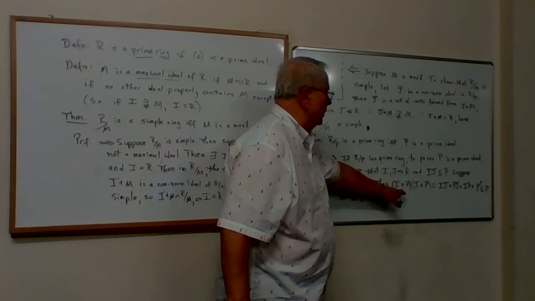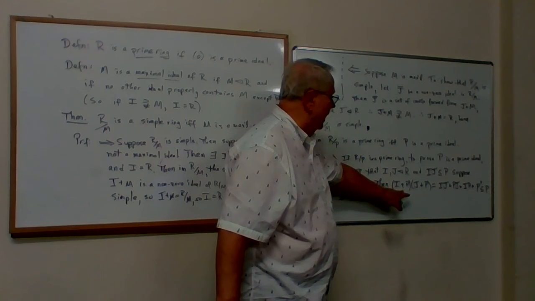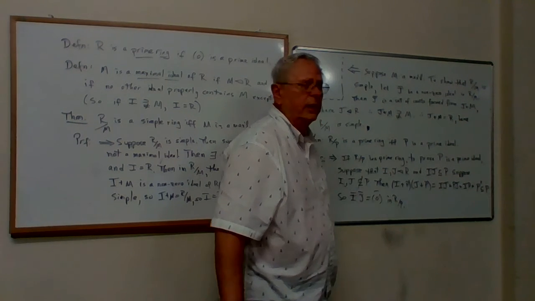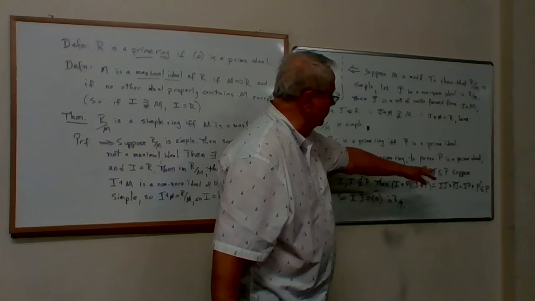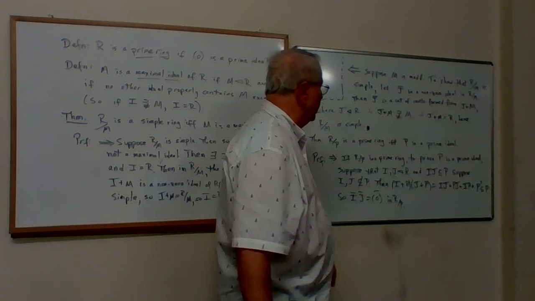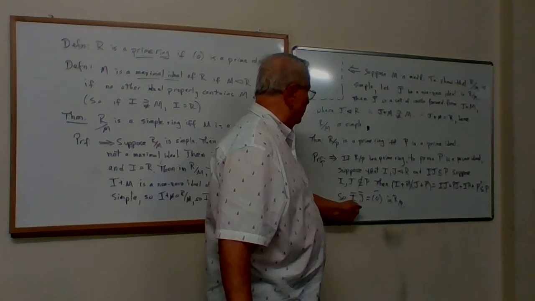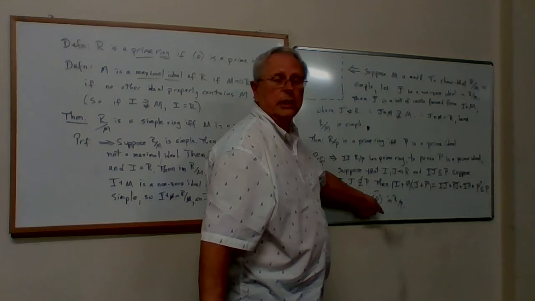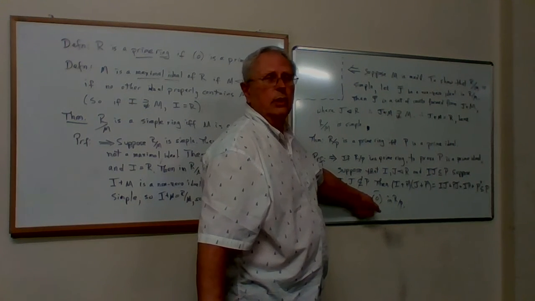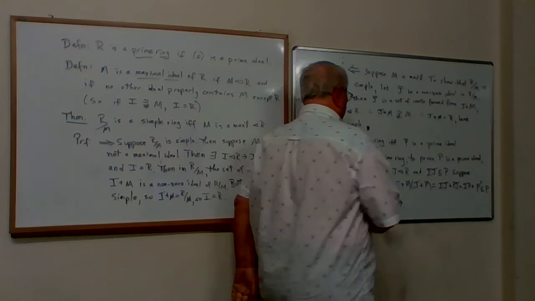Because these are the cosets of I, these are the cosets of J, and since the product of these is contained in P, and P is the 0 in R mod P, the cosets times these cosets give me something inside P, in other words, 0 bar in the quotient ring.